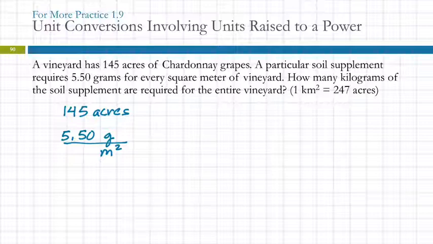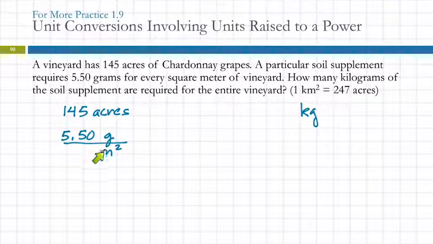So maybe we're not sure where we're starting. We're going to start with one of these. Where are we going? How many kilograms? So we're going to kilograms. Now we need to figure out where I'm starting. The units can help us here. This number just has a single unit.